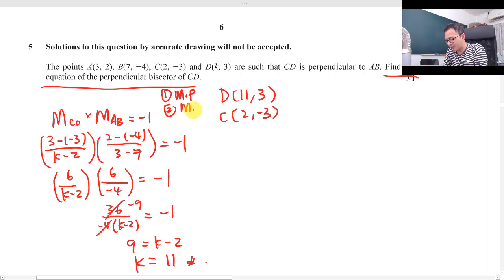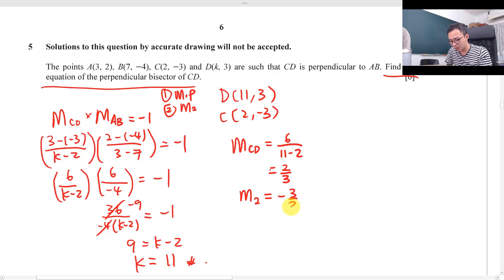Second, your second gradient. So the gradient of CD should be 6 over 11 minus 2, which is 6 over 9, so 2 over 3. So my perpendicular gradient should be negative 3 over 2.